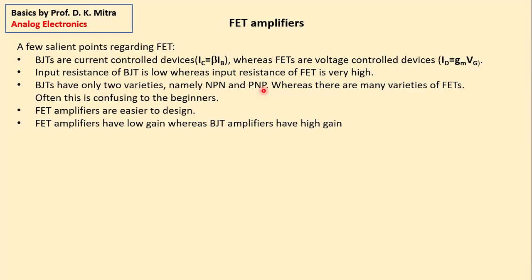In MOSFET also, there are enhancement MOSFETs and depletion MOSFETs, each having N-channel and P-channel. Then there are CMOS. So there are so many varieties. Students in their early life often get confused with the FET. But I have a clue to get out of this confusion. I'll come to that later.